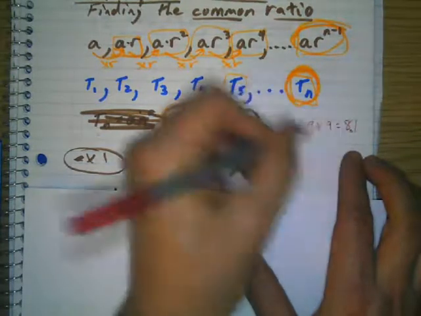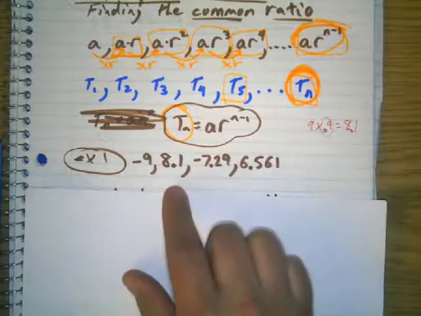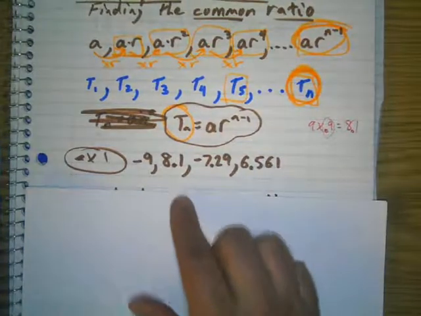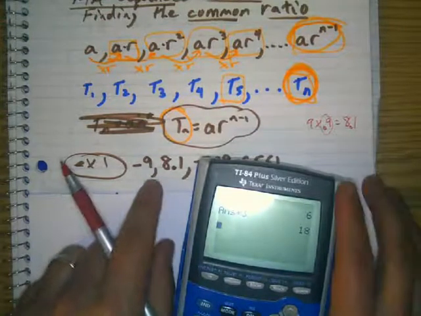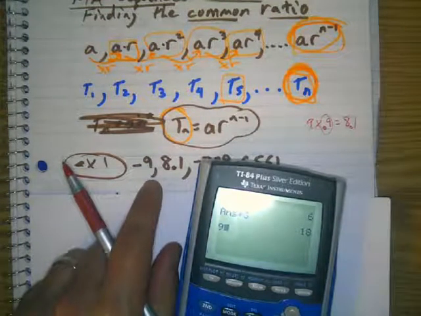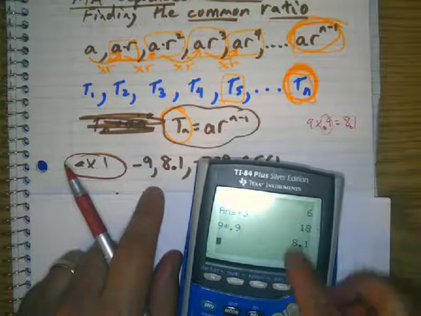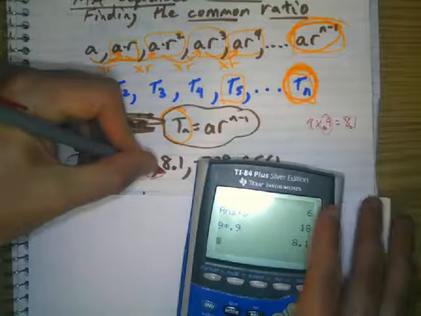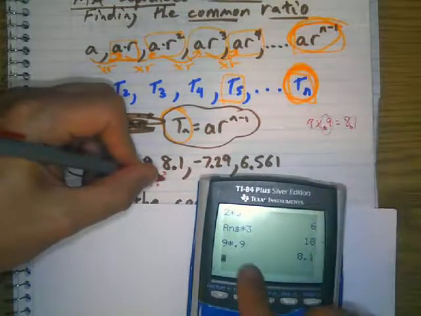Well, r is going to have to be 0.9, isn't it? So let's check with my calculator. 9 times 0.9, and I'm going to get 0.81, didn't I? So r is going to be 0.9.